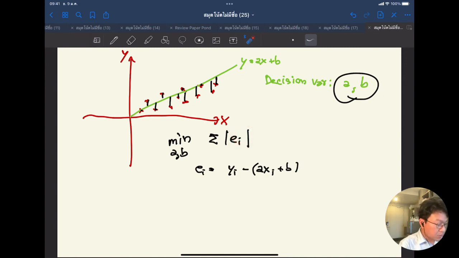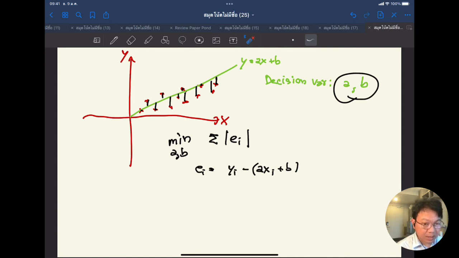All right, and in this case we don't have any restriction on a and b, because a can be positive or negative, and b can be both negative and positive. So we don't have any restriction on that.